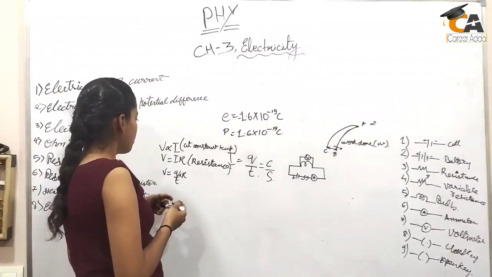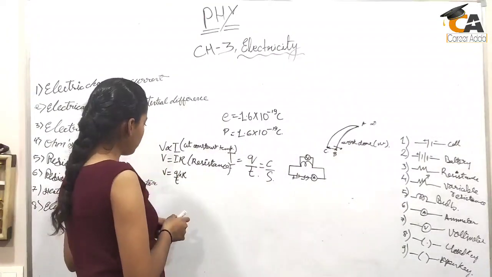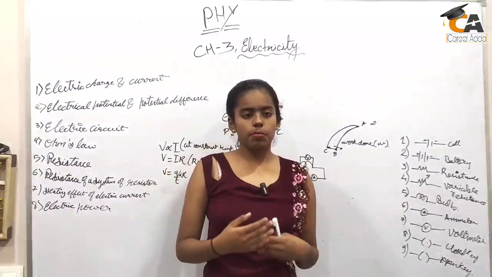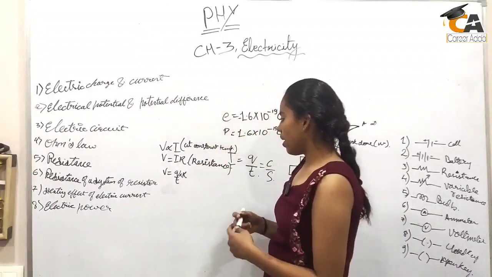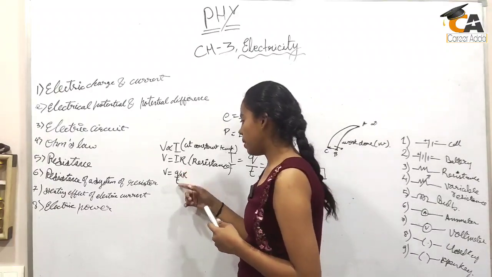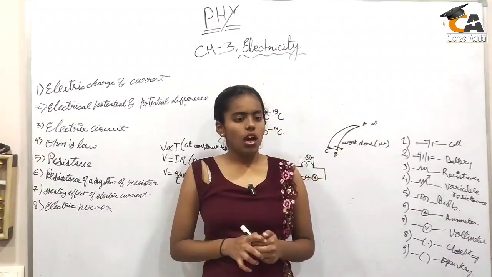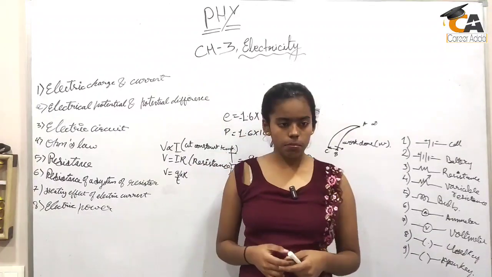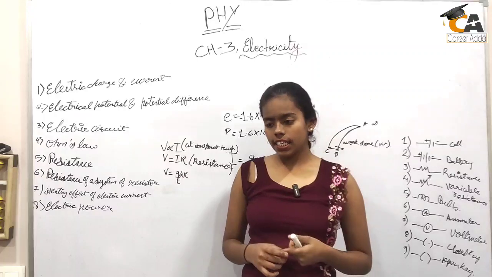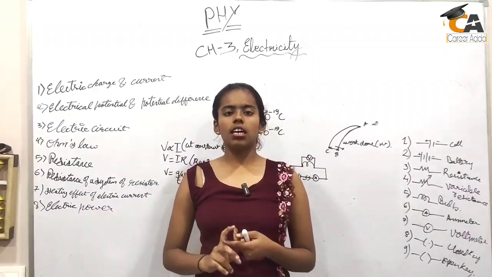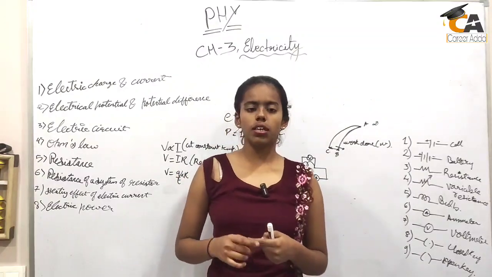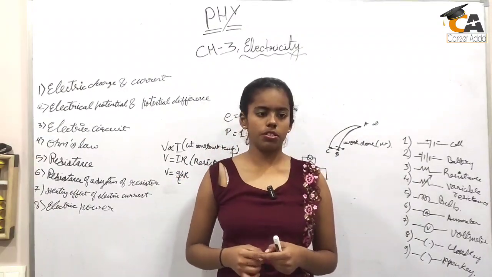In this, I will put the value of I and find out the value of V, and it is represented in many more forms by putting the value of R and replacing it. Ohm's law is a direct relationship between current and potential difference. Ohm's law states that the potential difference is always directly proportional to current at constant temperature.